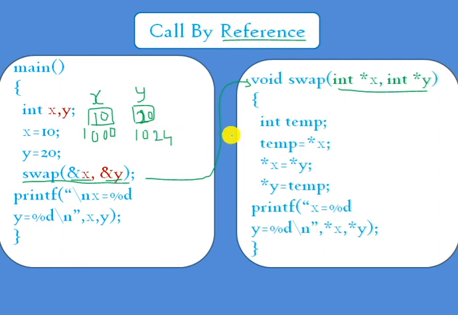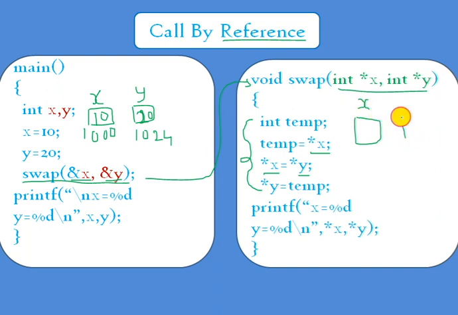So this is the same mechanism which we implemented in the previous case, but instead of x and y you have to write asterisk x and asterisk y, because you are getting the addresses. So here also for x, there is no separate memory location.